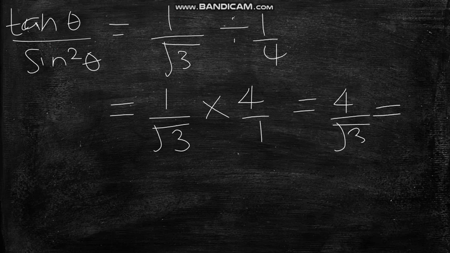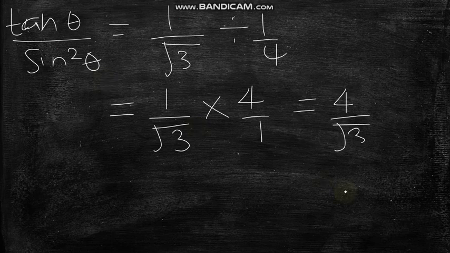We could work on this and give us 4 root 3 all over 3. So there is a way to work on that to get 4 root 3 over 3. So I think I should explain that just for clarity purposes. There's what we call rationalization of the denominator in surd.